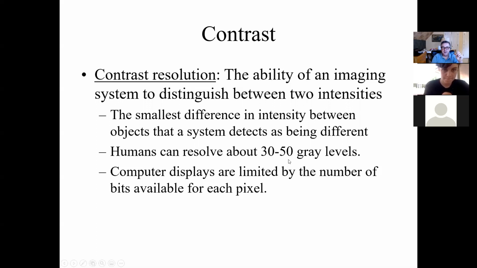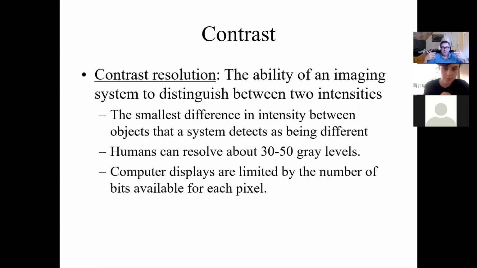But from a strict psychophysical point of view, if I look at a gray level image with 8 bits of gray level versus 10 or 12 bits, I don't really see the difference in detail. You and I are not really able to do that.